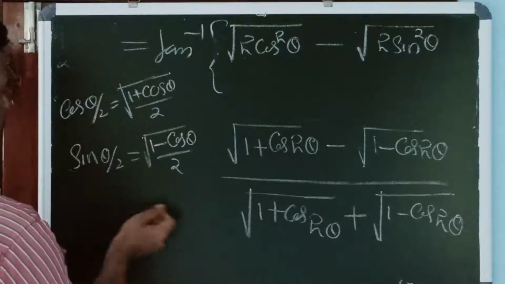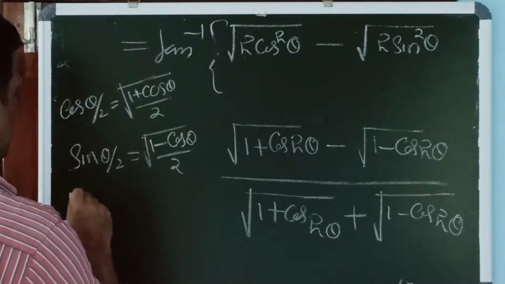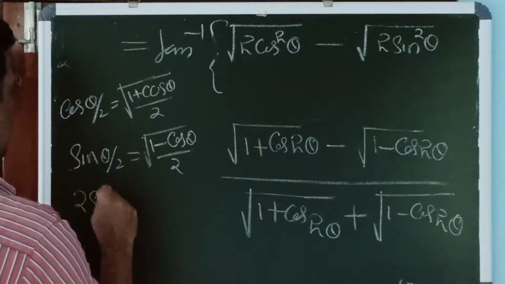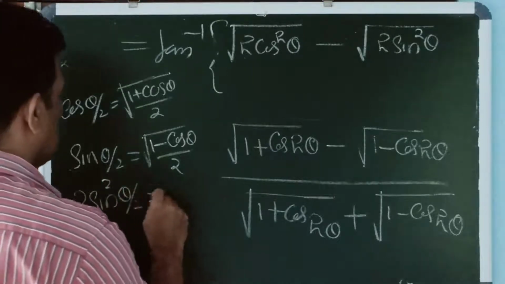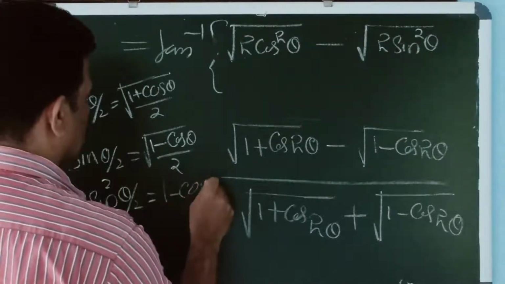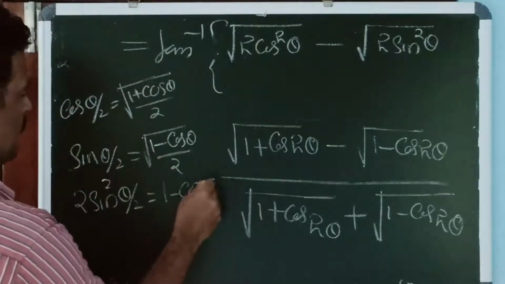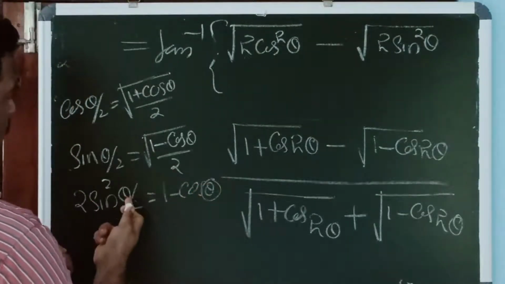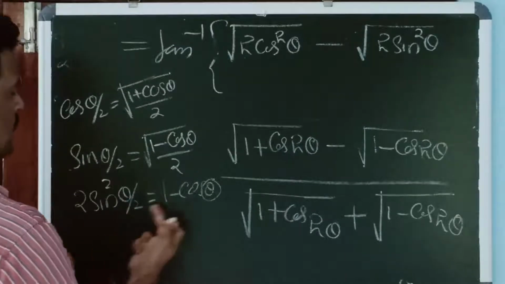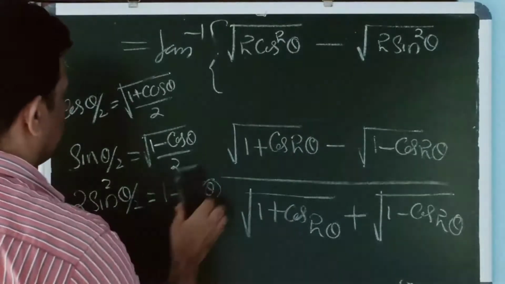Now squaring and cross multiplying, we get 2 sin square theta by 2 is equal to 1 minus cos theta. Now instead of theta, if you take 2 theta, it becomes theta. Therefore 2 sin square theta is 1 minus cos 2 theta.